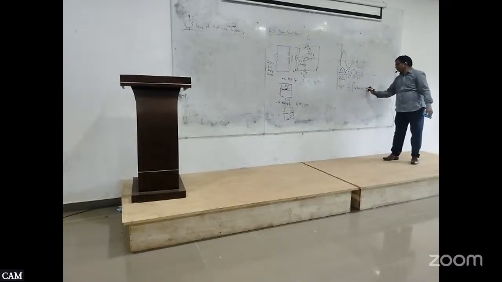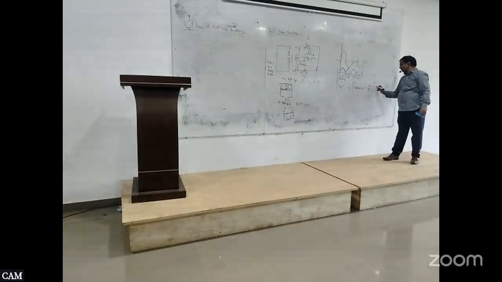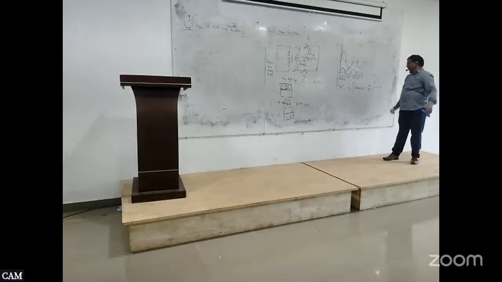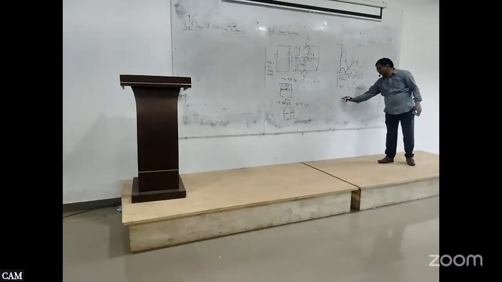Now here Vm is constant, so I am bringing it out of the integral. So Vm by pi, integral 0 to pi sin omega t d omega t.